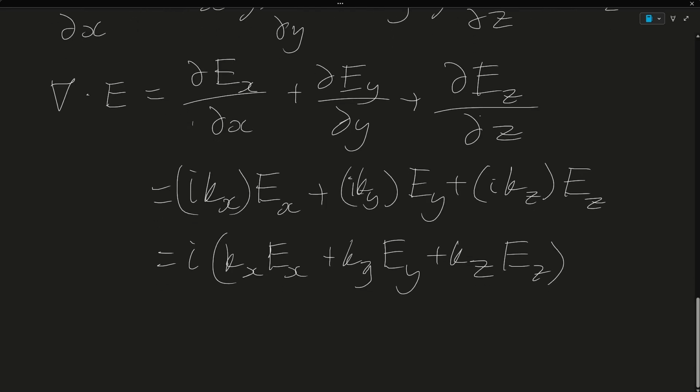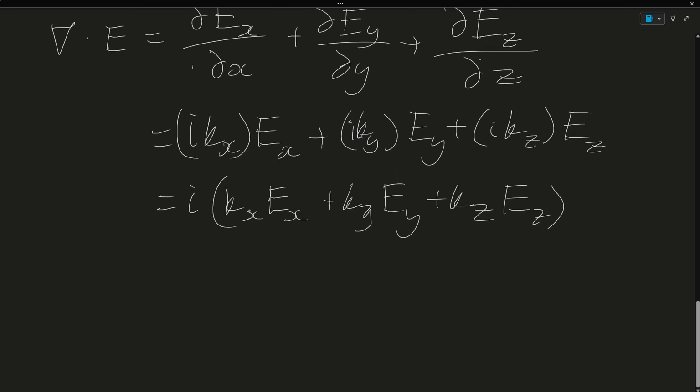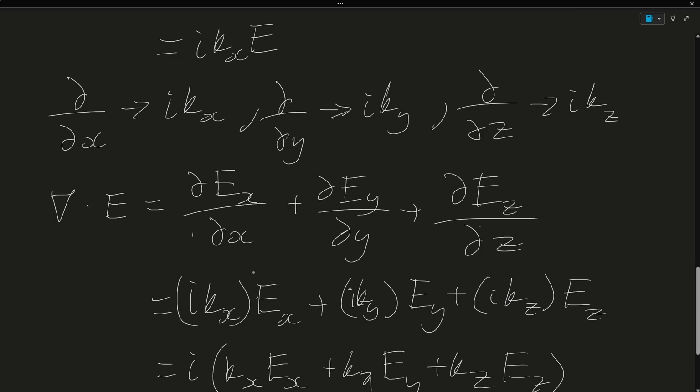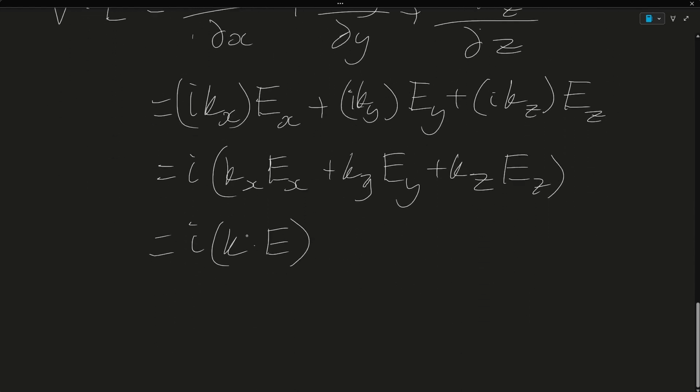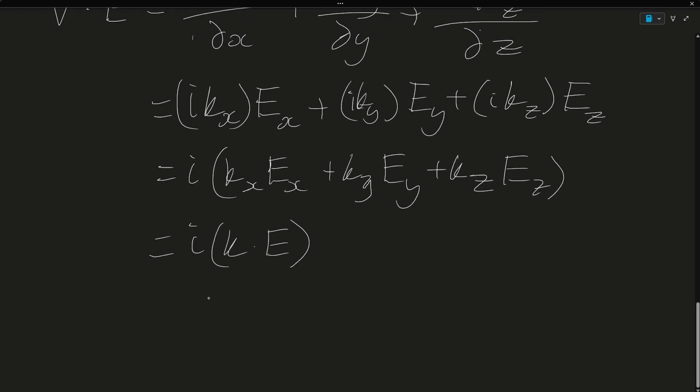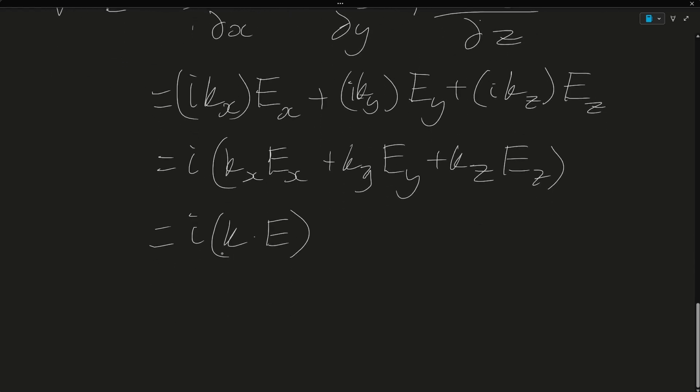What is this? Well, we have our vector E and its components, and also k and its components. So this is just the dot product of two vectors, k and E. And what is k? k is our directional vector, or rather propagational vector. So it portrays the direction of wave propagation.